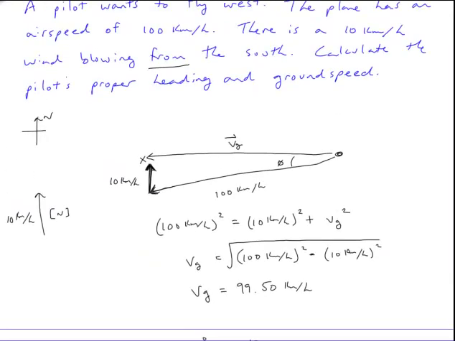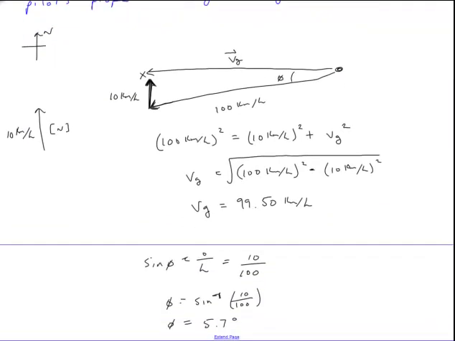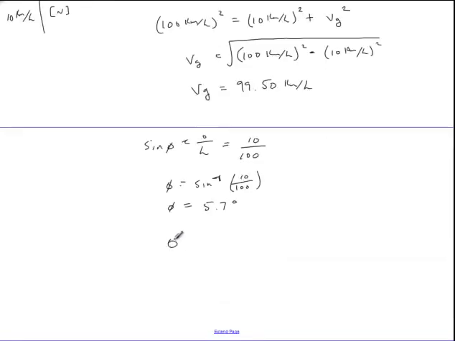So let's state the proper heading. We know that we're going 5.7 degrees. That 5.7 degrees is down from here, so this is going south of west. When we state this, we say that the angle is 5.7 degrees south of west.